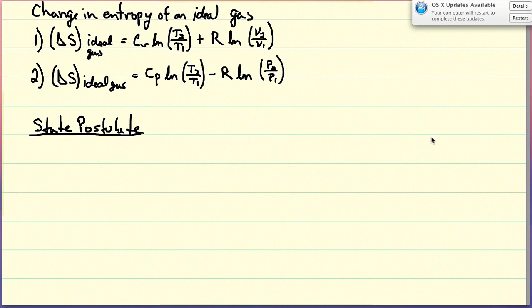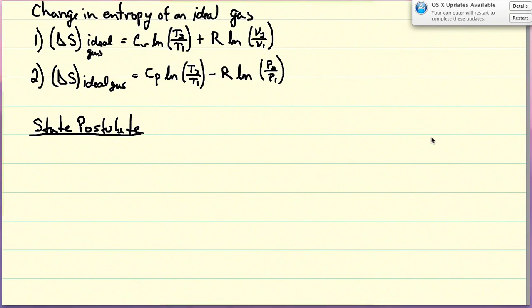You notice that whenever we find properties, all you need to be given are two properties. That's it. If you know two properties of your system, you can use those two properties to look up every other property in the system. That's what the state postulate basically stipulates.